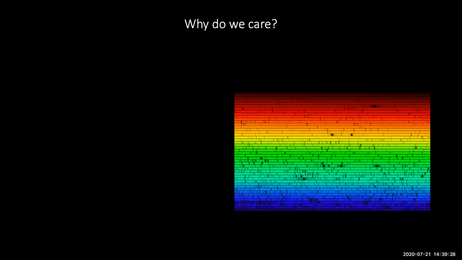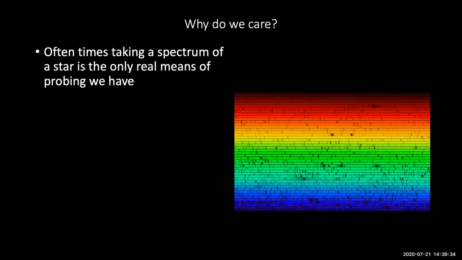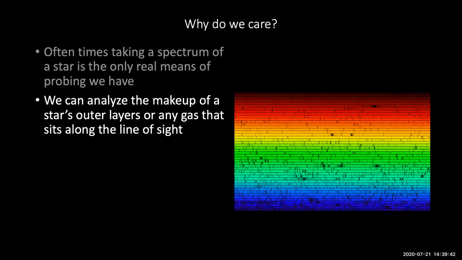We can also get an idea of what's going on with the makeup of an object by taking a look at spectra. So sometimes spectra are really the only means we have of studying a star. So we can analyze a star's outer layer by taking a look at the spectrum. Here we are with the solar spectrum again, and now we have an explanation for what these dark spots are.